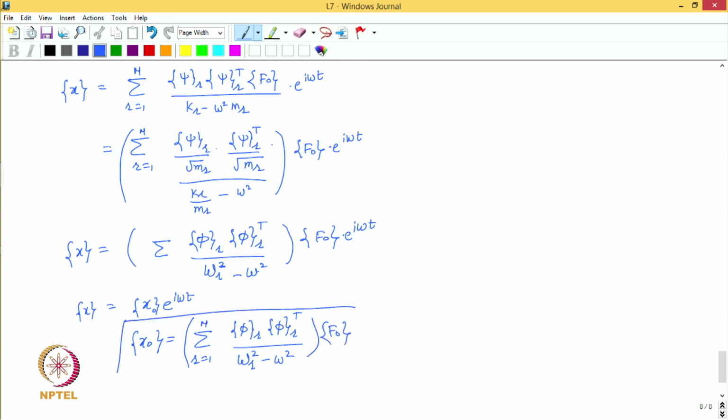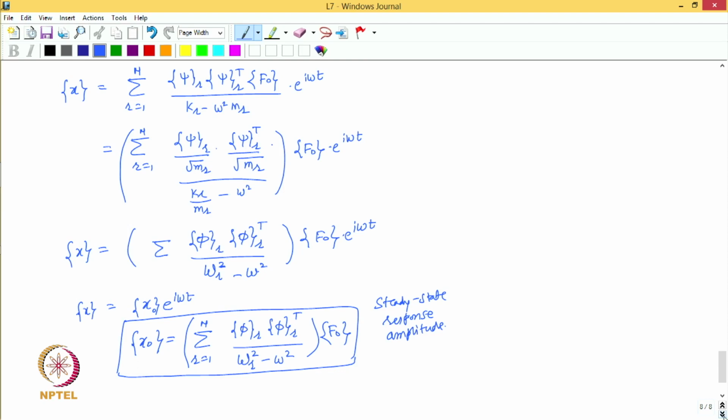This is nothing but the steady state response amplitude. So, this basically forms a particular part of the solution.